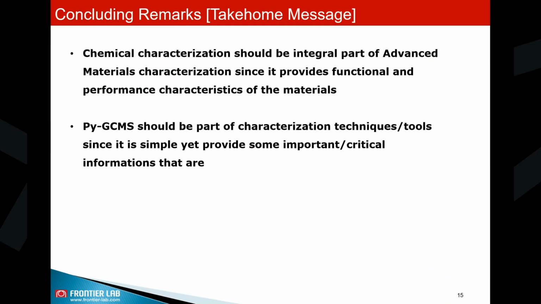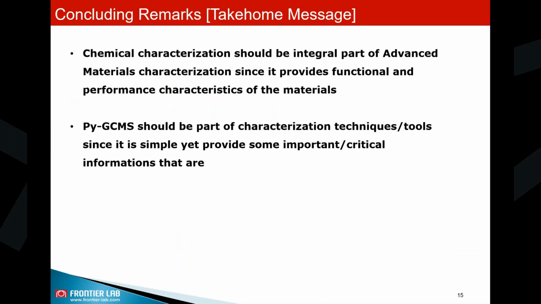And pyrolysis GCMS, as we have listened to in the previous talk, where they have shown the use of pyrolysis GCMS to understand even the photo-oxidation characteristics of aging polypropylene-based material.